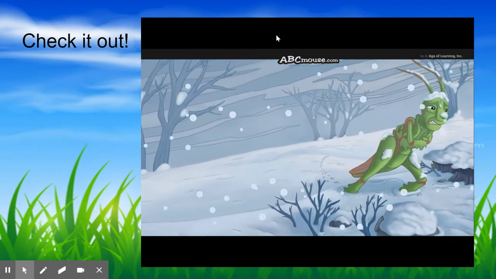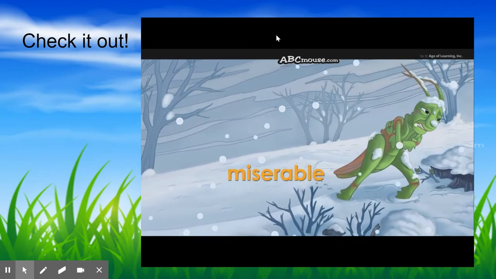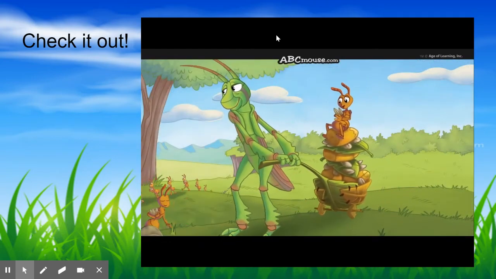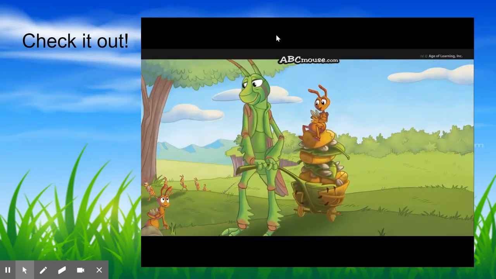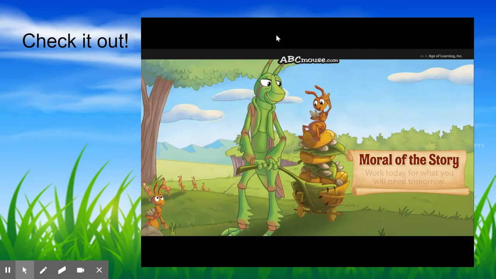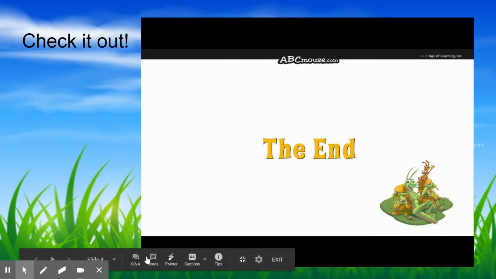He was very hungry and very miserable all winter. By the time winter had ended, the grasshopper had learned a valuable lesson. It is important to prepare for the future. Moral of the story: work today for what you will need tomorrow. The end.